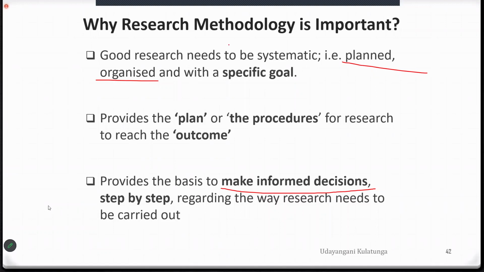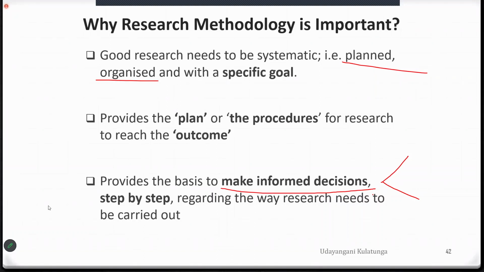Okay, so even if you fail or even if you cannot 100% adhere to the methodology that you planned initially, when you take informed decisions, you will think about plan B as well, right? You will think about alternative methods, and that will help you to do the study well.